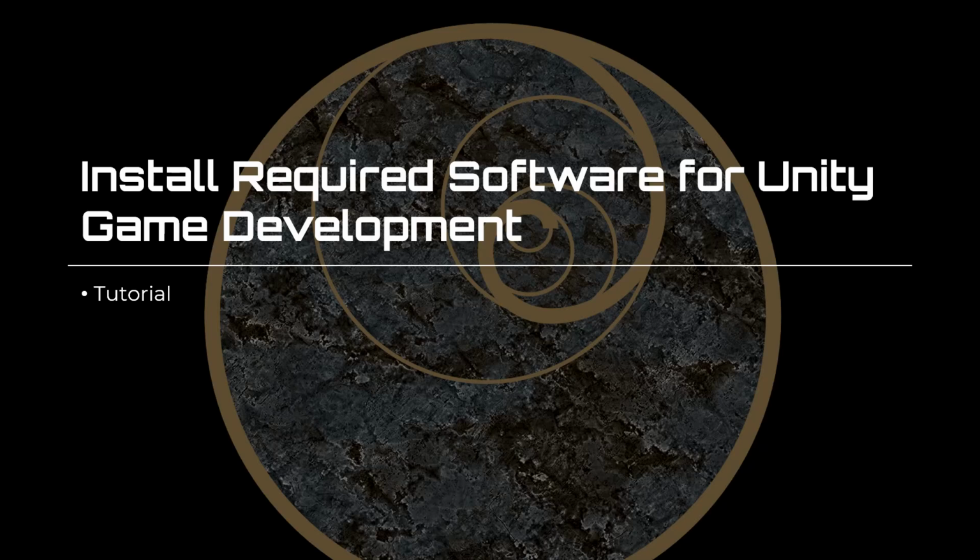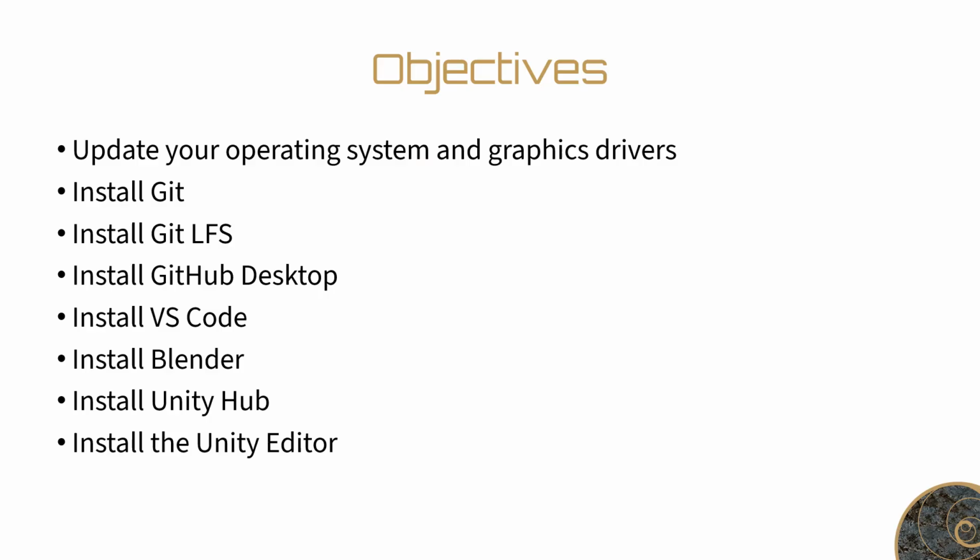I'm a software development instructor, and today I'm going to go over the software required for Unity game development. So we're going to need to do the following things. We're going to need to update our operating system and drivers, install Git if you don't already have it.